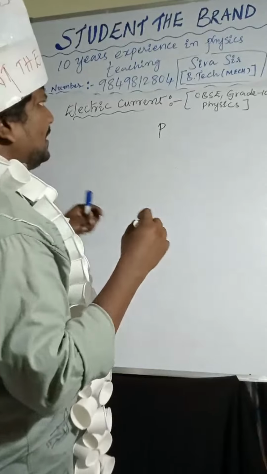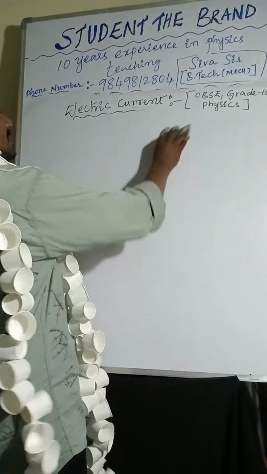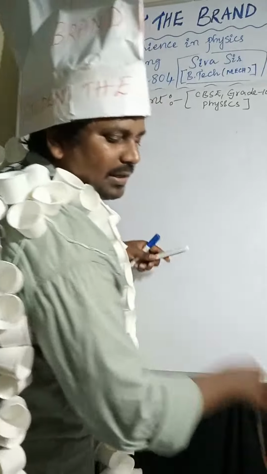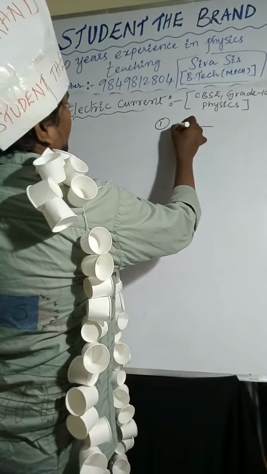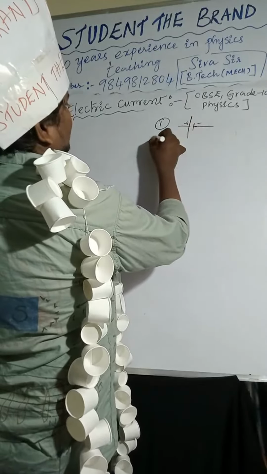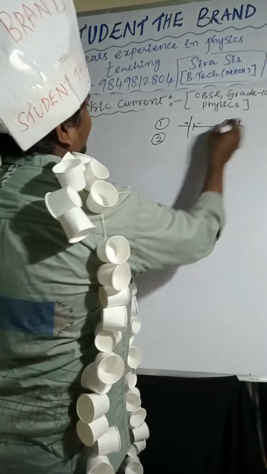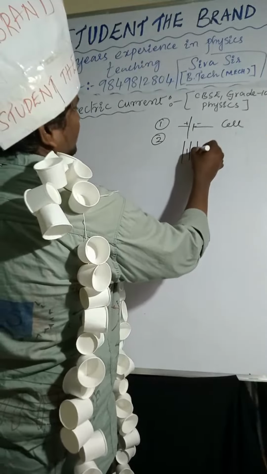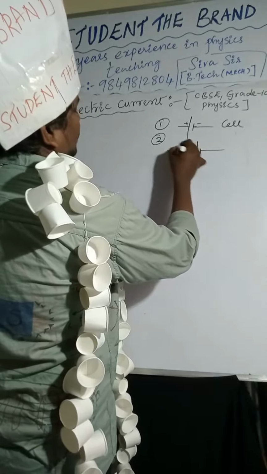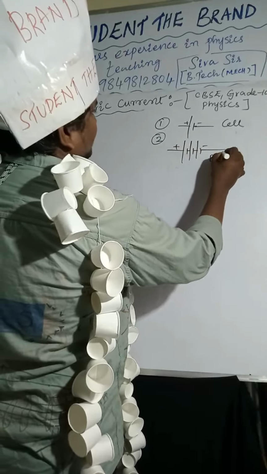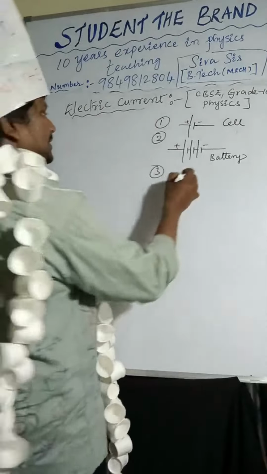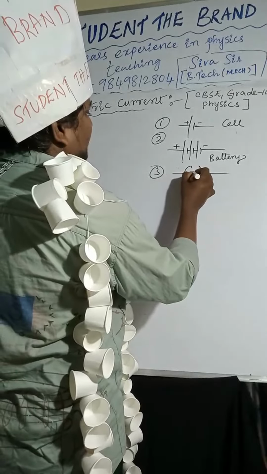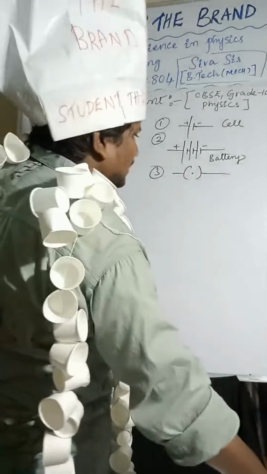Before that, we discussed only electric current. Now we will discuss electrical appliances. First one is the cell, with positive terminal and negative terminal. Second one is the battery. Third one is the switch. This is a closed switch.